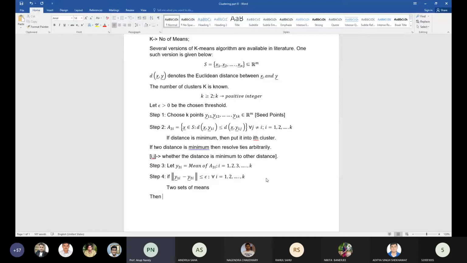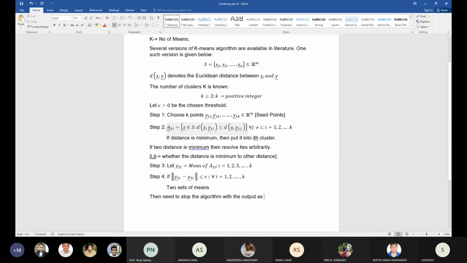Then you have to stop the algorithm with the output as A2S.